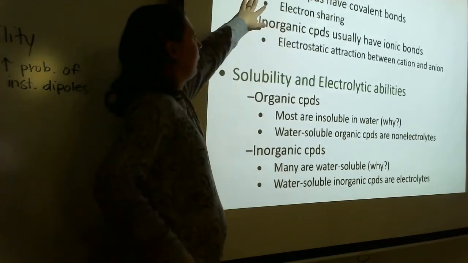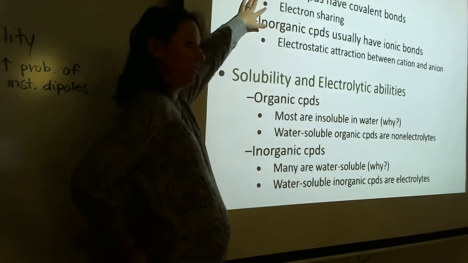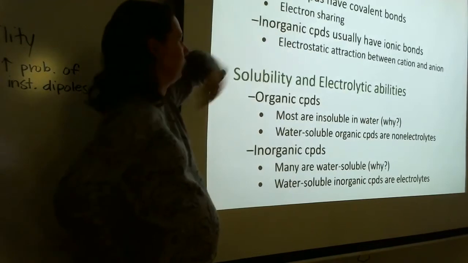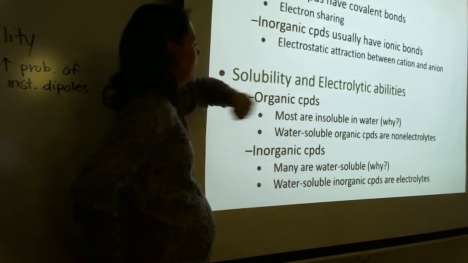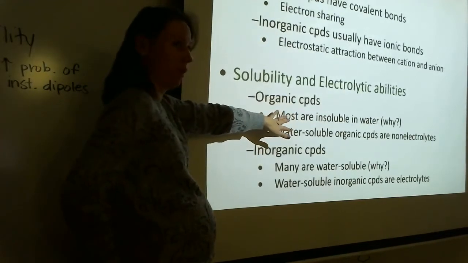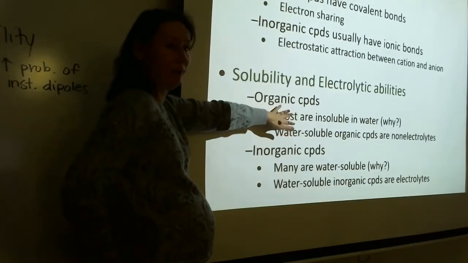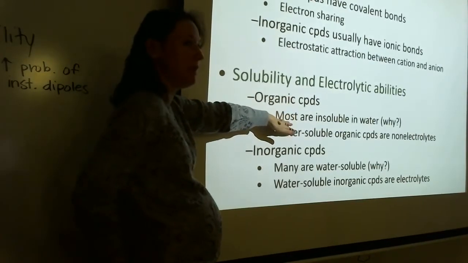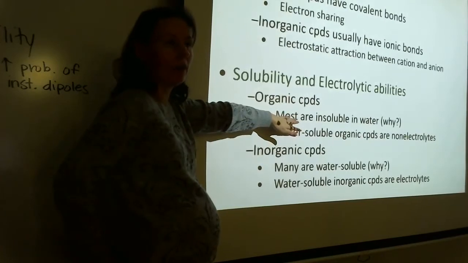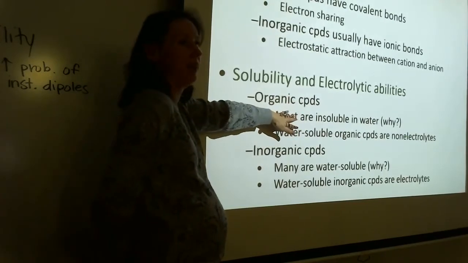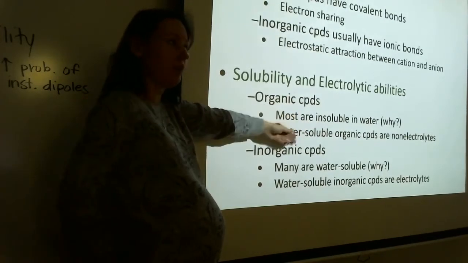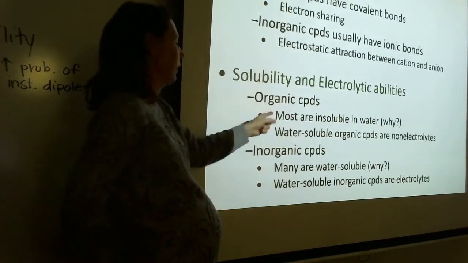So organic molecules share electrons. They're not being transferred. Many of them are insoluble in water unless they have modifications that would allow them to be soluble in water, right? A nonpolar molecule like hexane won't dissolve in water unless you make a modification and add an OH group, and then it will dissolve.